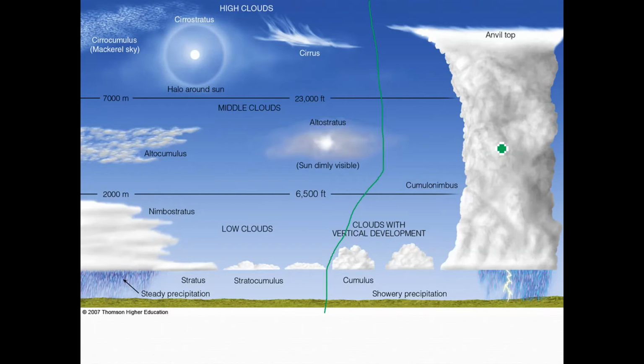And there are 2 types. There's cumulus and cumulonimbus. And so these have cumulo to them. So again, strato, low clouds, alto, mid clouds, cirro, high clouds, cumulo, clouds with vertical development.